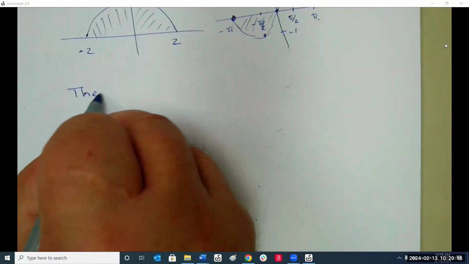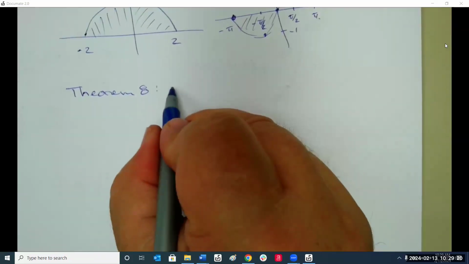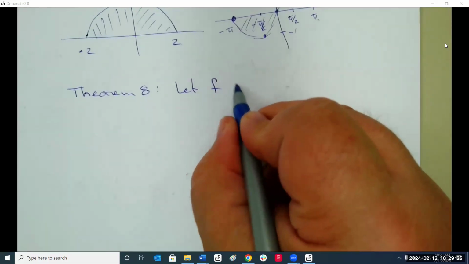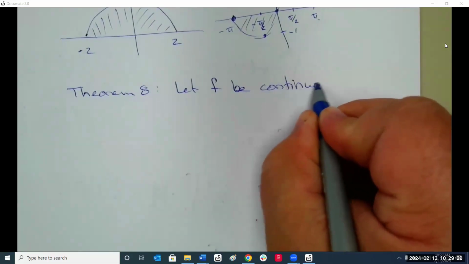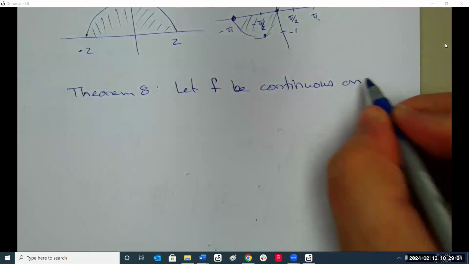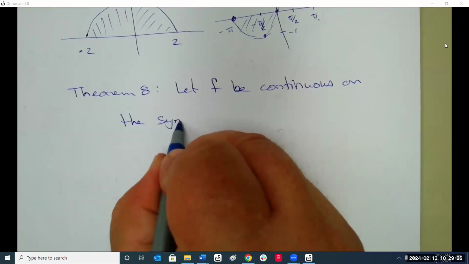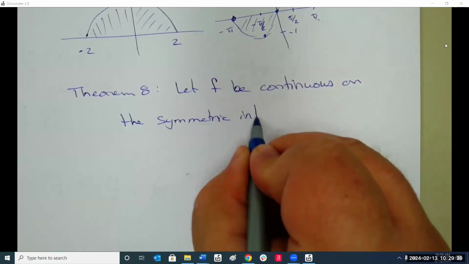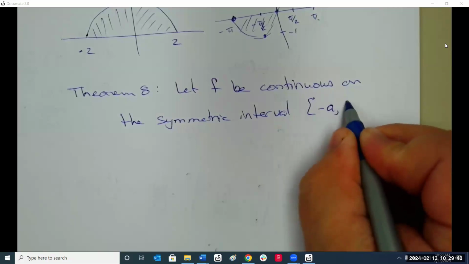Which brings us to theorem 8. Let f, the function f, be continuous on the symmetric interval negative a to a.